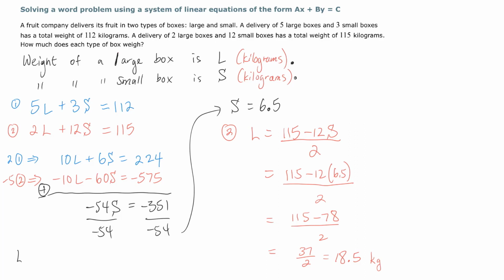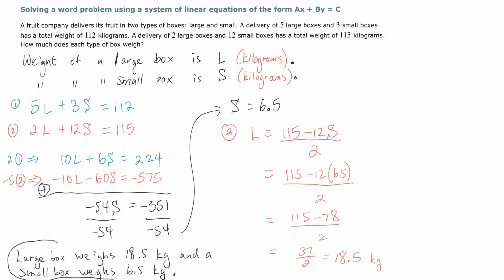A large box weighs 18 and a half kilograms, and a small box weighs 6.5 kilograms. So as usual, show your work neatly and circle your final answer.